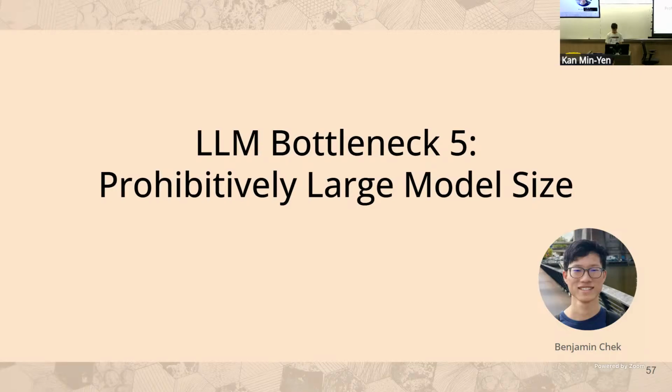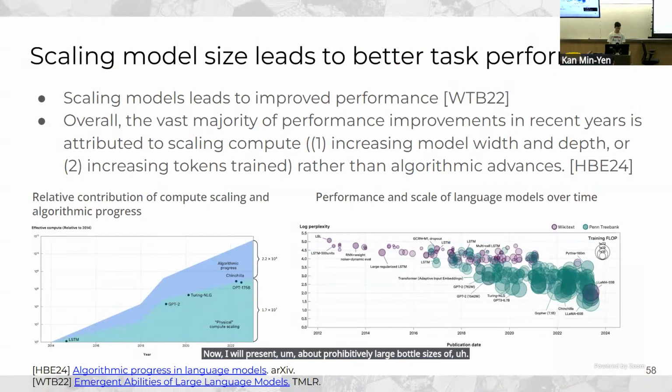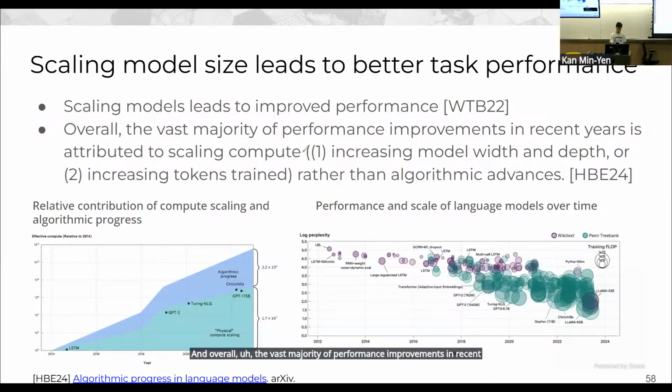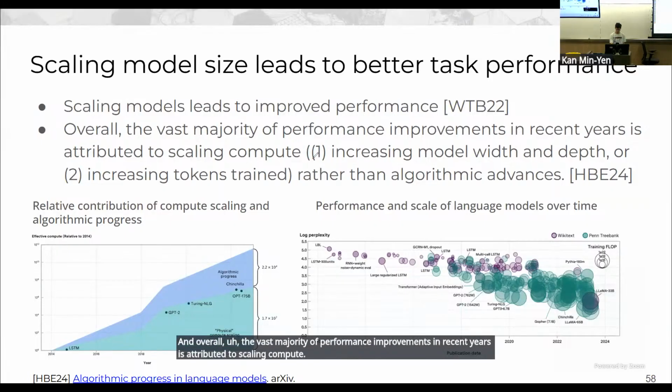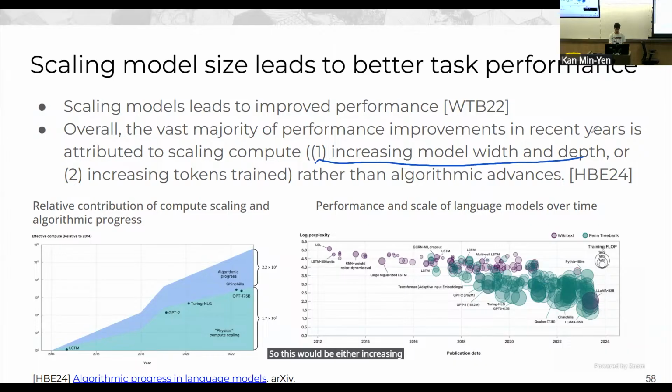So now I will present about prohibitively large model sizes of LLMs. We know that scaling models leads to improved performance. Overall, the vast majority of performance improvements in recent years is attributed to scaling compute, so this would be either increasing the model width and depth or increasing the training tokens, rather than algorithmic advances.